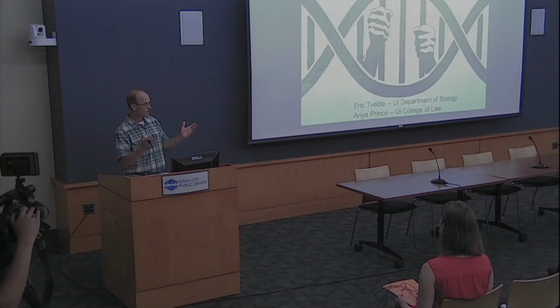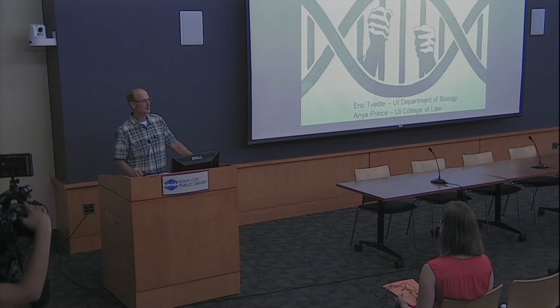Tonight's program is one that likely garners a lot of interest, focused around recent news reports that came out this spring of charging the Golden State Killer and using DNA databases, so GEDmatch, a DNA database that is used for genealogical purposes to identify a suspect in that particular crime.